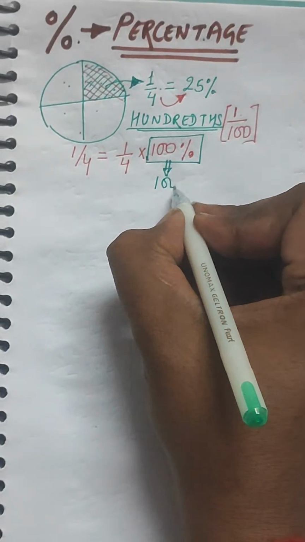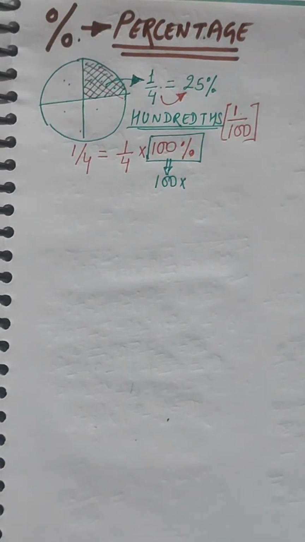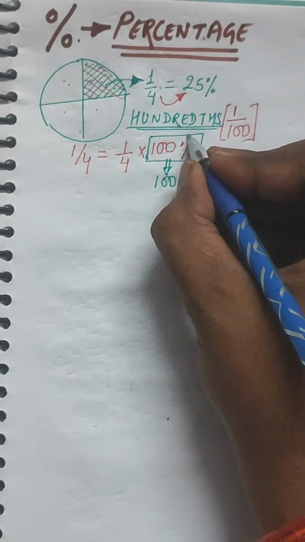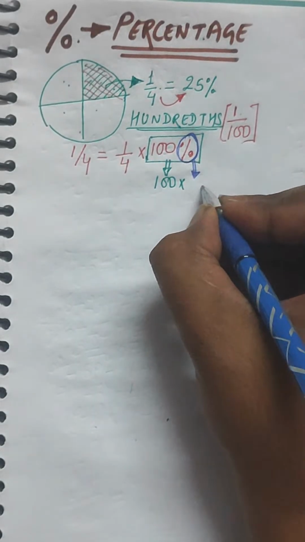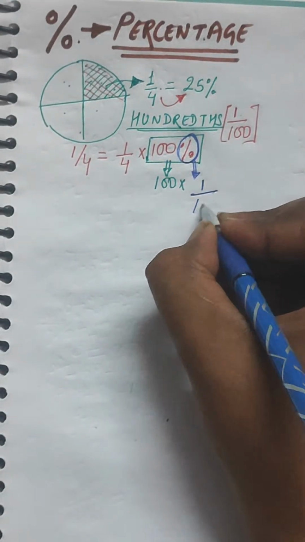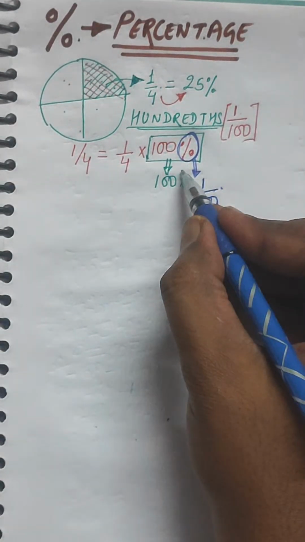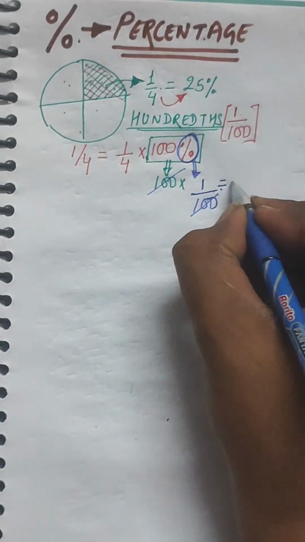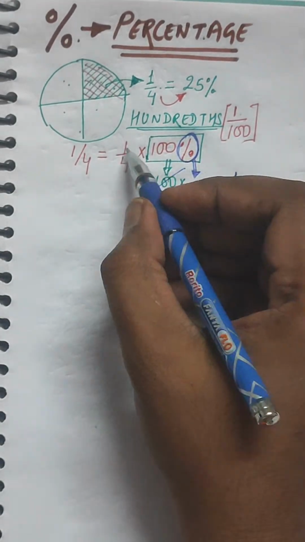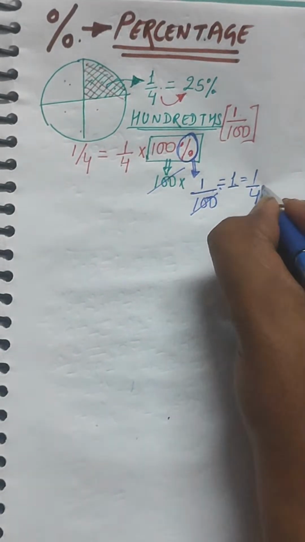This percentage sign is denoted as 1 by 100. Here you can see this 100 and 100 cancel out, and we are left with 1 only, and 1 multiplied by 1 by 4 is equal to 1 by 4 only.